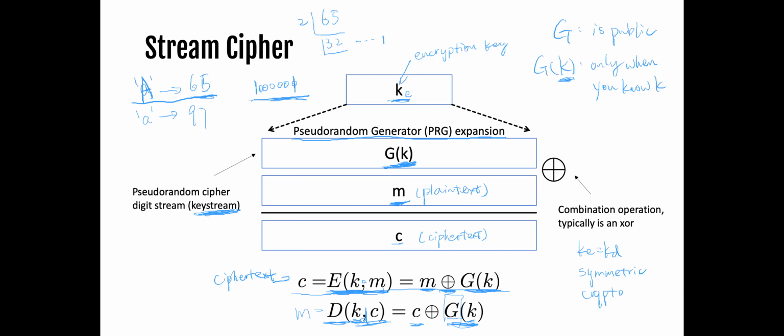So this is the correct answer for capital A. Although in the real world, we would probably add some more 0s before this, because we want to make sure that every character has the same size. Usually for a character in ASCII, you want to make sure that you have 8 digits for each character.